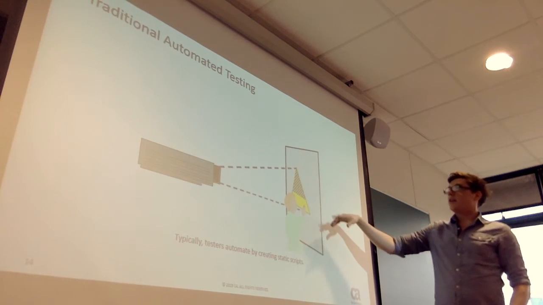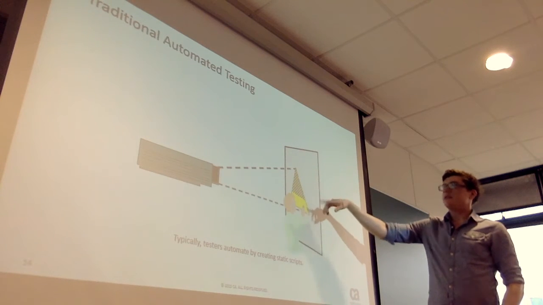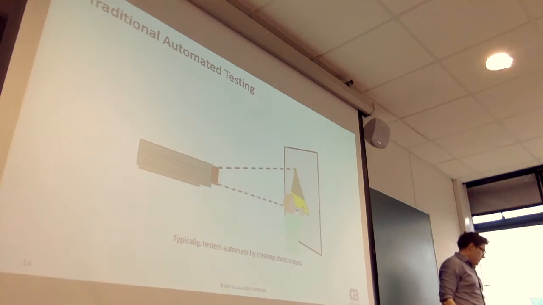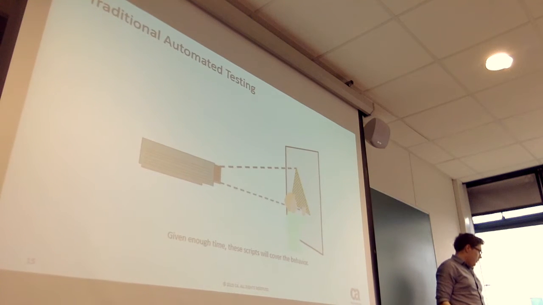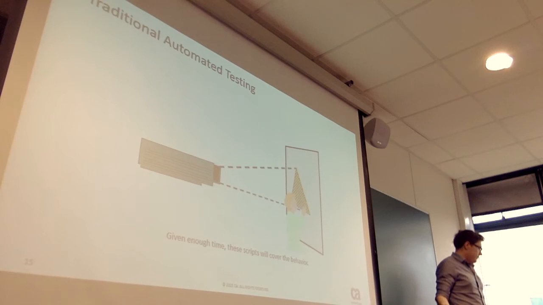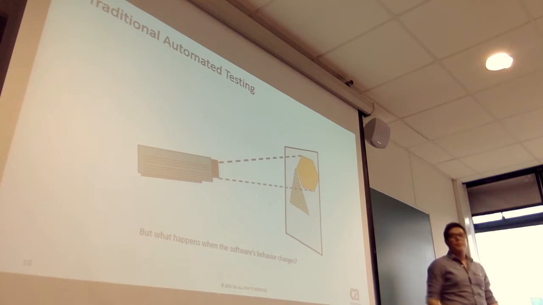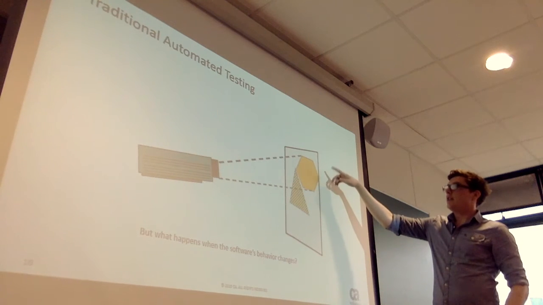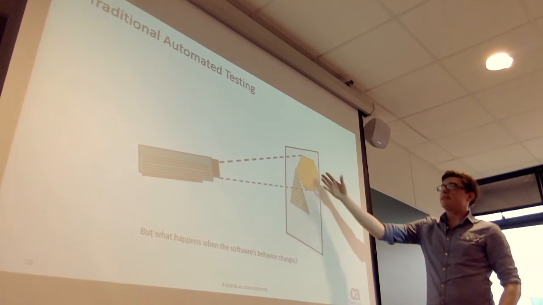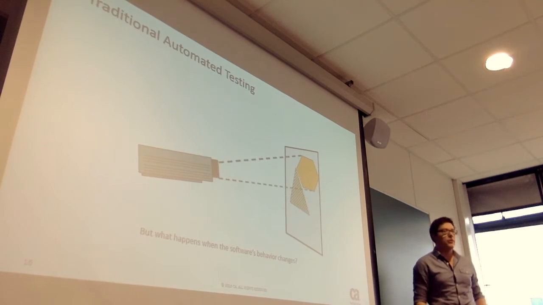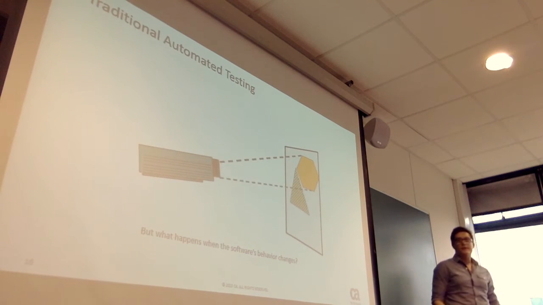So we create scripts which test that this triangle is created on the screen, covering all the behavior of this triangle. Now what happens when the system changes? You see we've got a hexagon here, and our test cases no longer match the triangle. All of these test cases are no longer relevant. They don't work, and they don't test the behavior we want to make sure is happening.